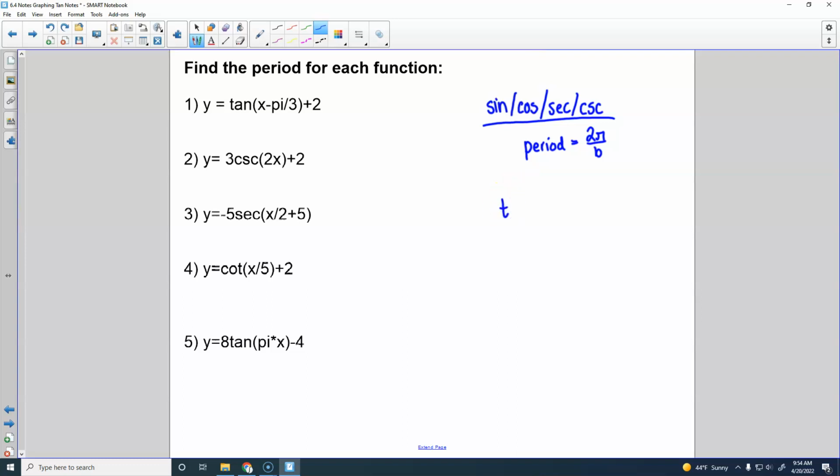But for tangent or cotangent, your period is just going to equal pi over b.